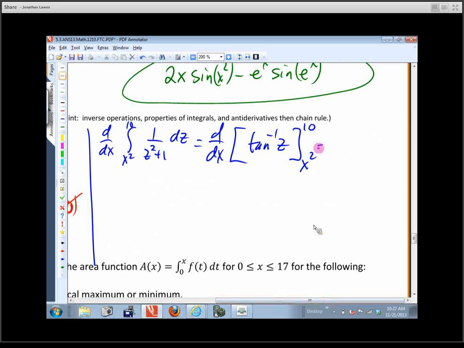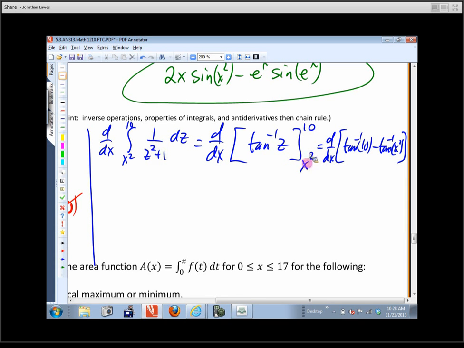So that's going to give me the derivative with respect to x of the tangent inverse of 10 minus the tangent inverse of x squared. Is that okay? Just doing it a piece at a time. We did the anti-differentiation.